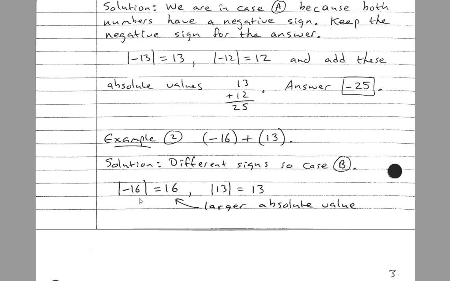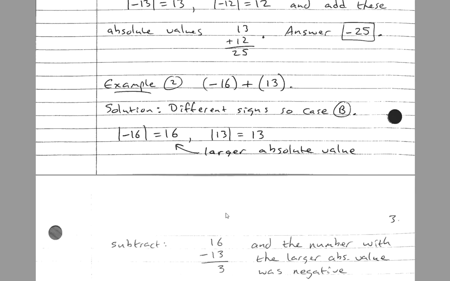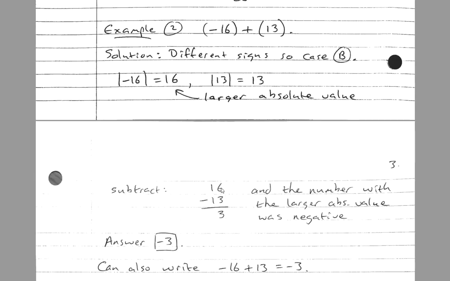We use the sign of the number with the bigger absolute value. And in case B, we subtract. So it's 16 minus 13, that's 3. And we give it that negative sign, so the answer is negative 3.